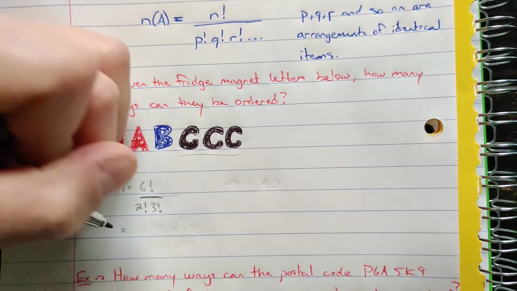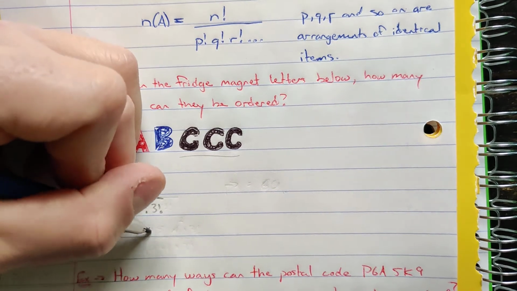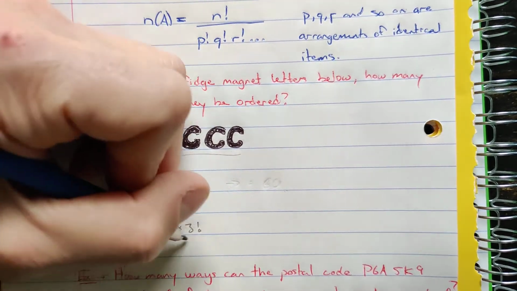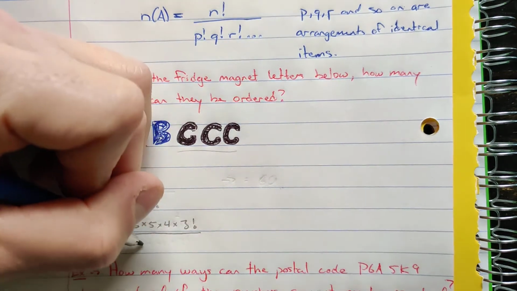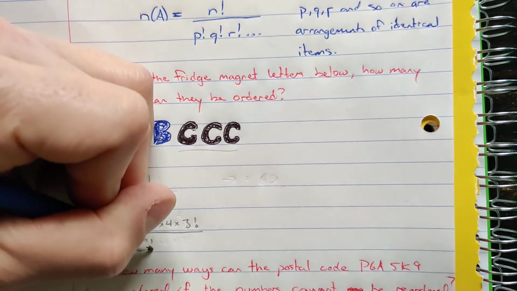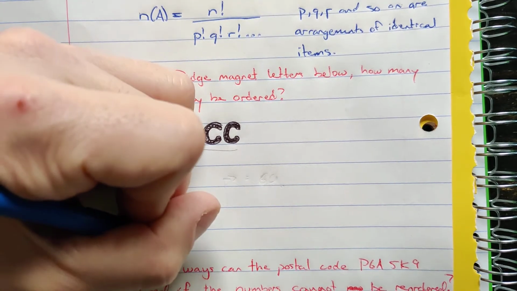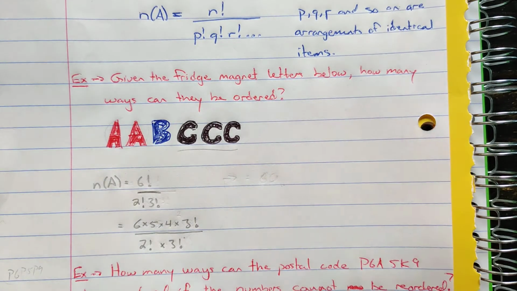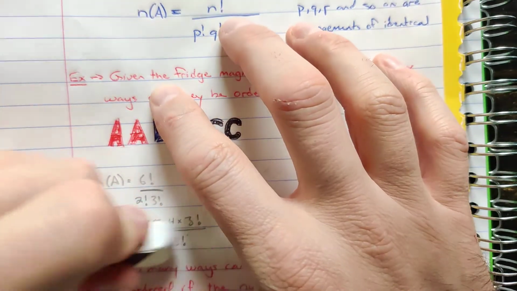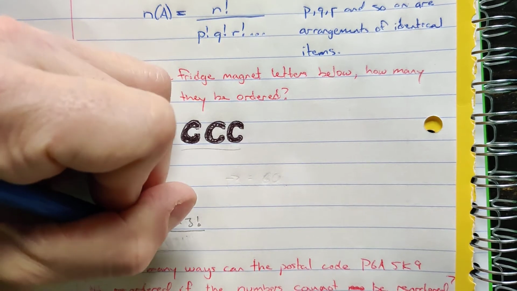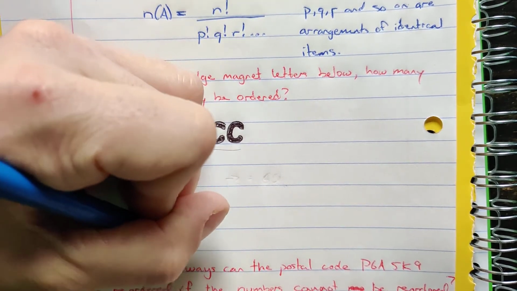So if we work this out, 6 factorial is 6 times 5 times 4 times 3 factorial, divided by 2 factorial times 3 factorial. Sorry, I'm going to expand that 2 just to show you: 2 times 1 times 3 factorial.